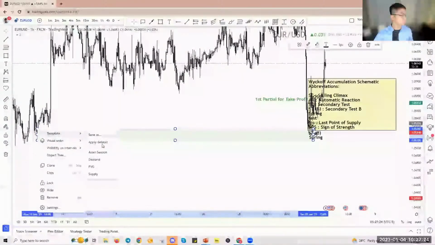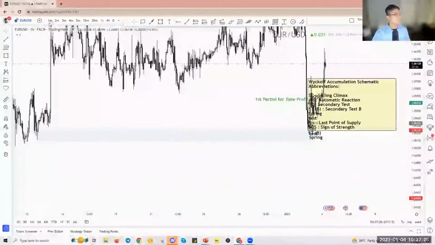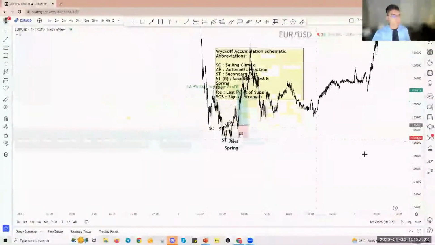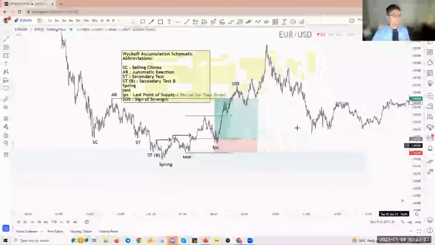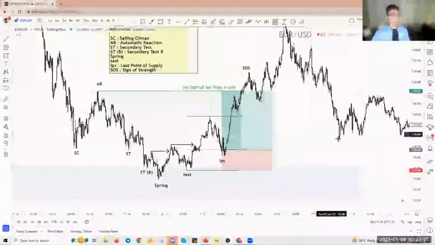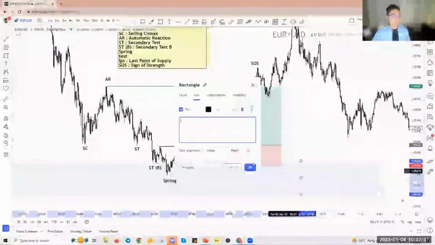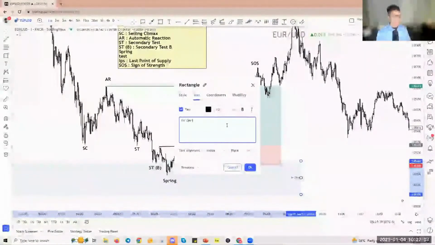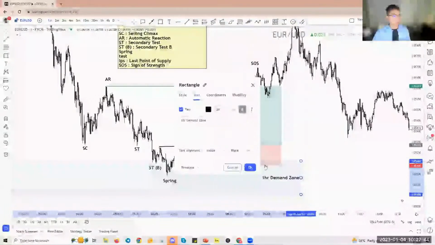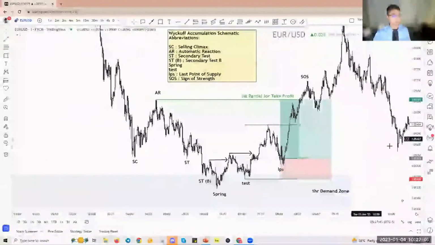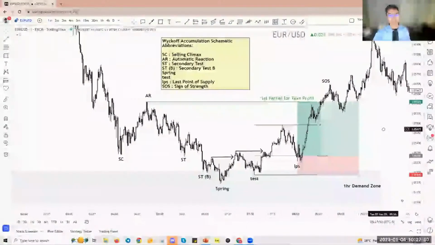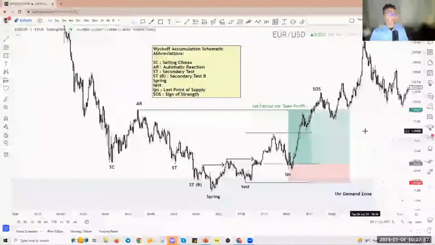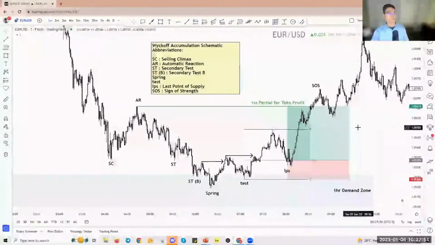You have to wait for price to hit a specific area. So take a look, price tapped into it. This is the 1 hour demand zone. If you guys use smart money concepts, this is very, very important. Wyckoff helps a lot with that. Price steps into the demand zone, so using Wyckoff is a form of confirmation for your entry.